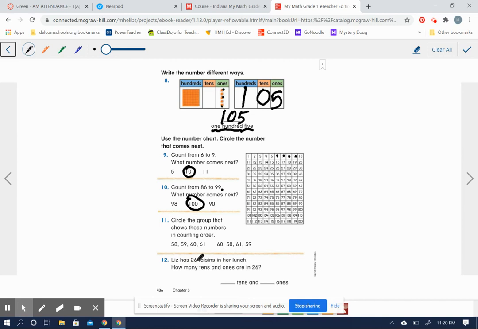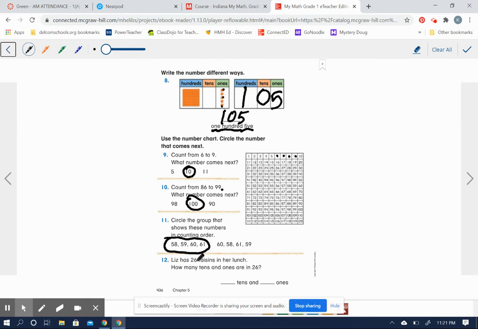Okay, now circle the group of numbers that shows these numbers in counting order. So is this counting order 58, 59, 60, 61? Or is this counting order 60, 58, 61, 59? Yeah, this one is in the correct counting order, isn't it?